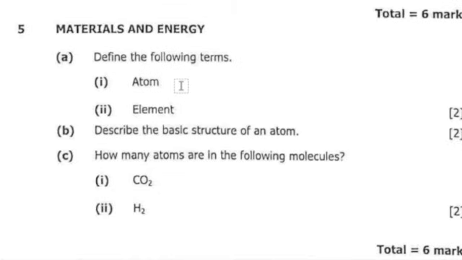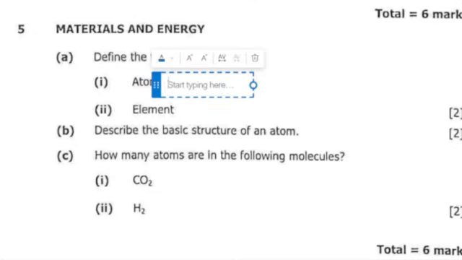Define the following. The first one is atom. What is an atom? We can define an atom as the smallest unit of a chemical element.